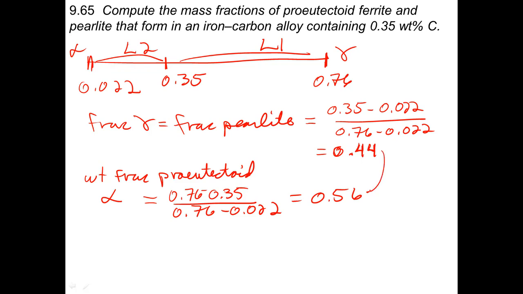And of course, these two values should sum to 1, which they do. Just confirming that we've done this calculation correctly. So there, looking back, we've got the mass fraction of the proeutectoid ferrite, and we've calculated the mass fraction of pearlite, which of course includes both ferrite and cementite.